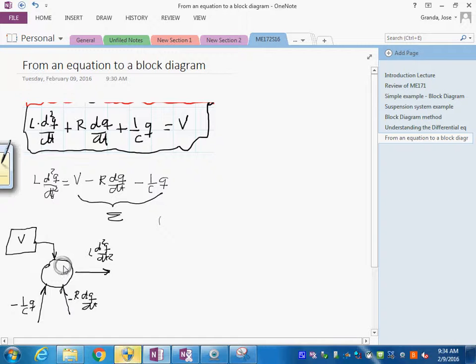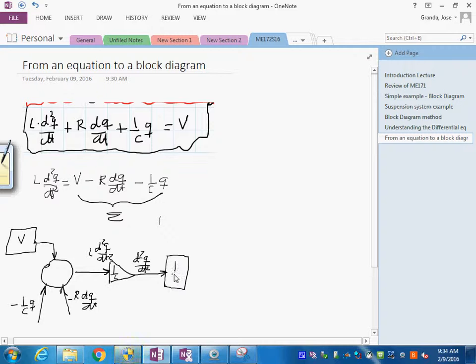you integrate it once. This is the symbol that Simulink uses for integration. We're going to see in a moment where that symbol came from. And if you integrate it again, you're going to get q. And of course, you could use a scope here like that.